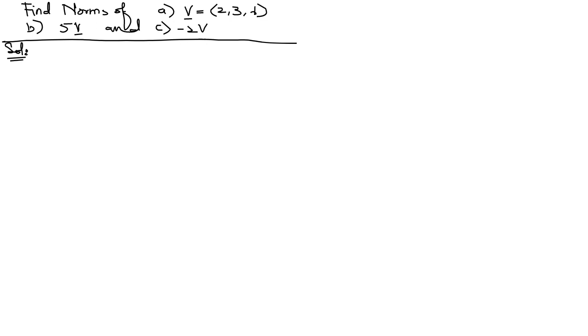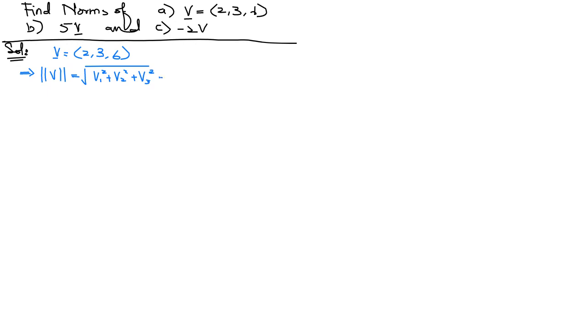Vector V is given as (2, 3, 6), and you have to find its norm. We know that the norm of a vector is equal to the square root of v1 squared plus v2 squared plus v3 squared.